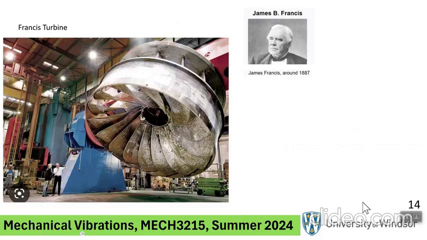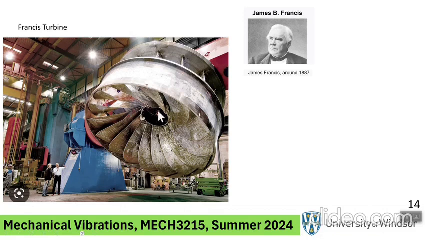Now, the next problem that I want to do deals with a turbine problem, a hydraulic turbine problem. This kind of hydraulic turbine that you see in many hydroelectric plants, dams, it's called the Francis turbine.